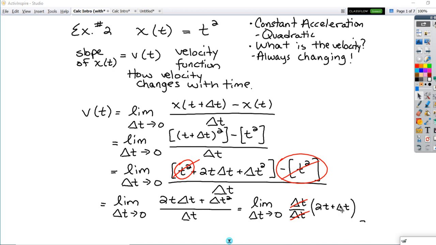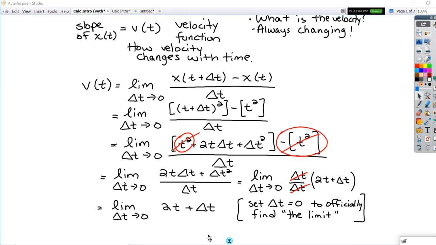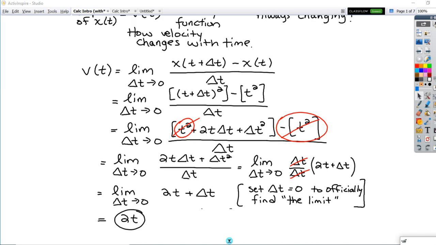We have a delta t term left over. So now we get to use this limit term. Finding the limit as delta t approaches 0, we can do that by setting delta t equal to 0. And there we have it.